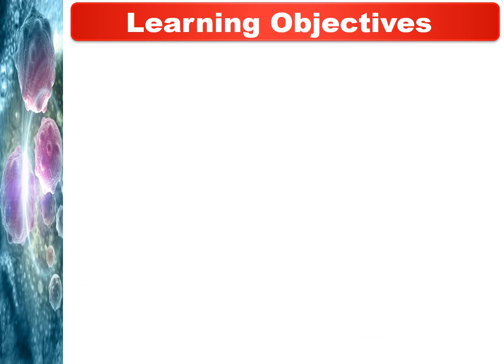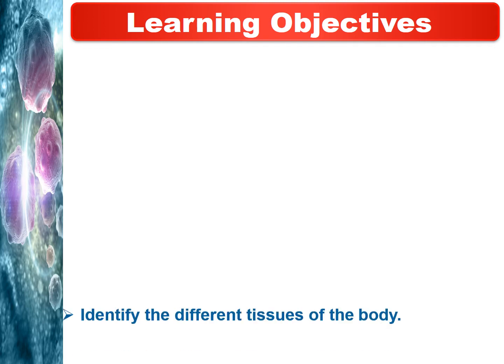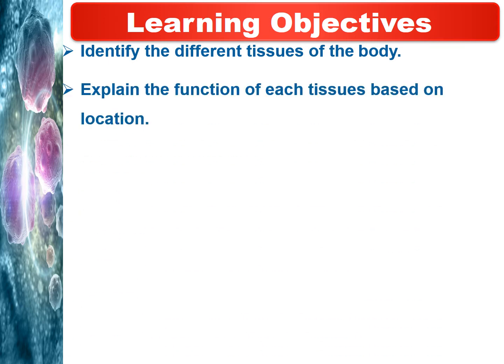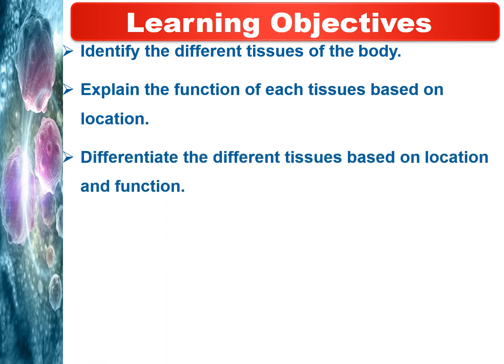Before we start this topic, let us go through the learning outcomes of this presentation. You will be able to identify the different tissues of the body. Also, you can explain the function of each tissue based on its location.